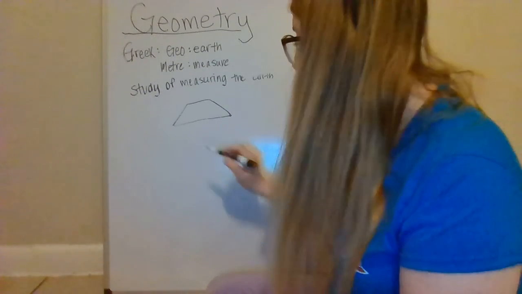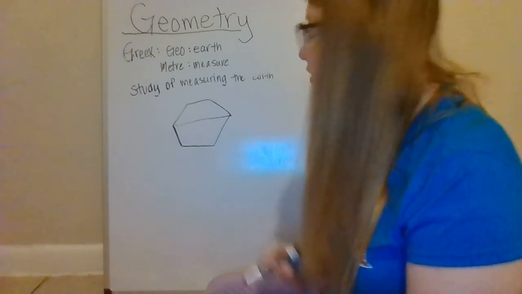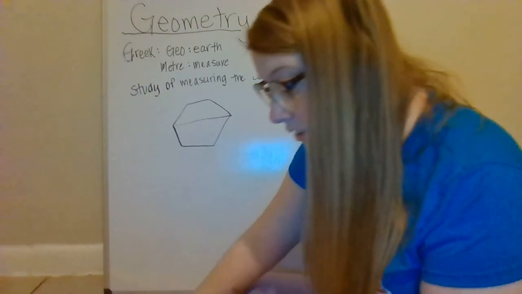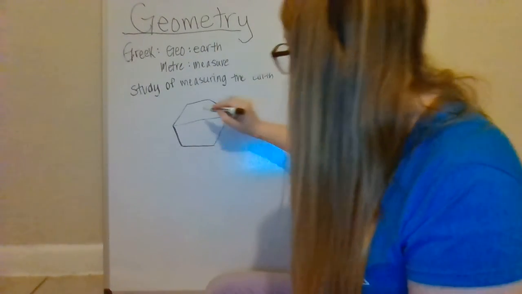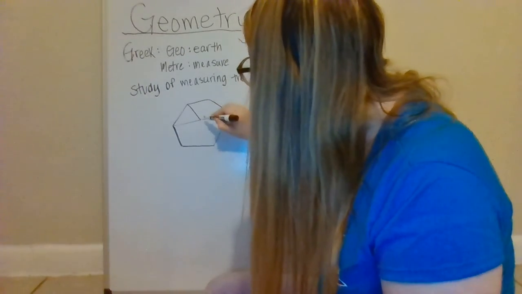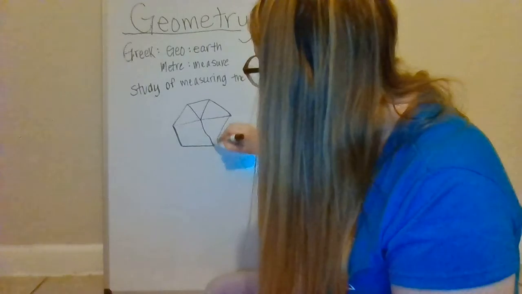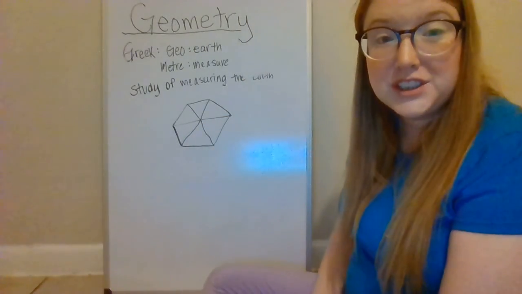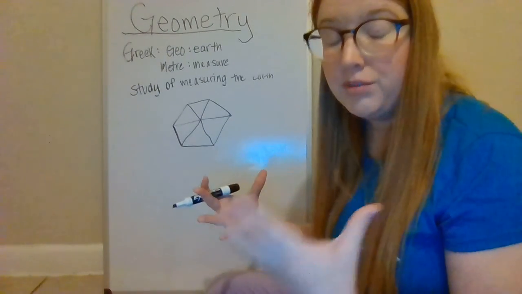A trapezoid. And a hexagon is just 2 trapezoids. So that's one of the things that we're going to learn. And then when you have this hexagon, you could also split it into triangles.